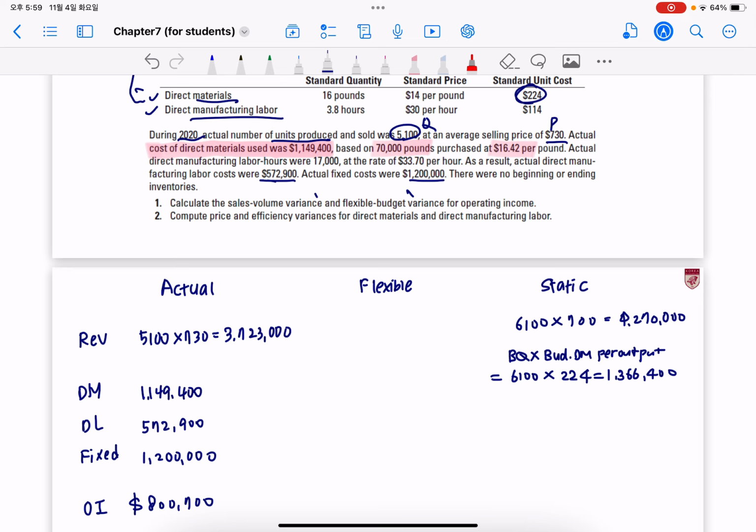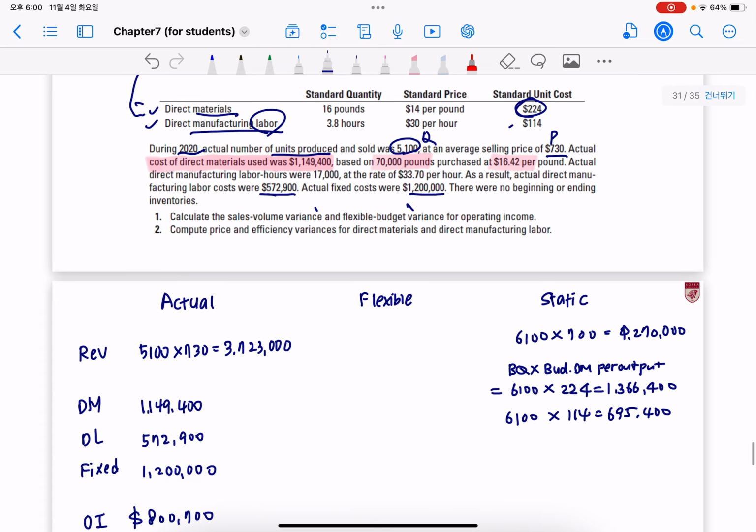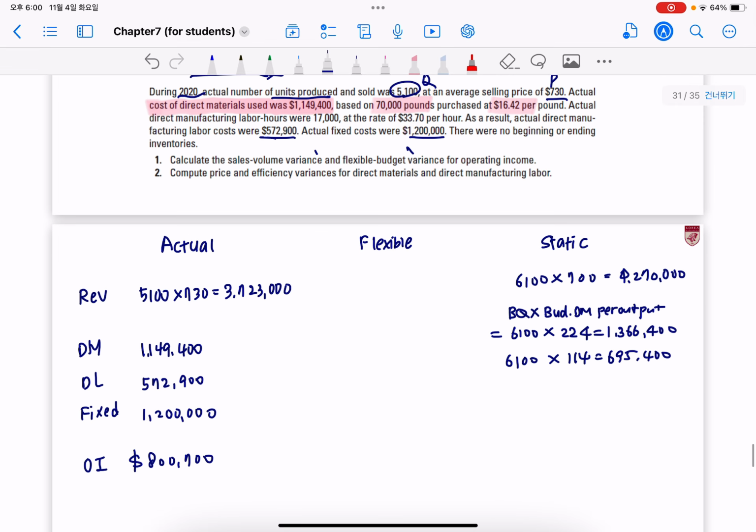All right. Now for direct labor cost, we can do the same. The budgeted output quantity is 6,100 and the budgeted labor cost per output is 114, right? Then we will have 695,400. And then for the budgeted fixed cost, we have right here 1,350,000, right?